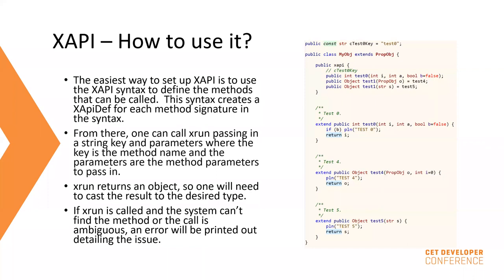That's the actual method it's going to call. So in my class, I have a test4 method that takes in a prop object, and I have a test5 method that takes in a string. We'll see in the next slide, when I call test1, if I pass in a string, it'll actually call test5. If I call test1 and pass in a prop object, it'll call test4.